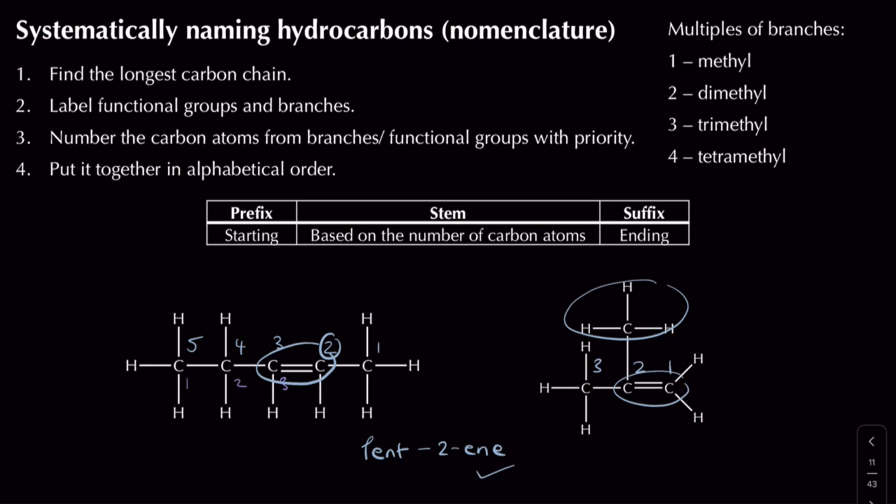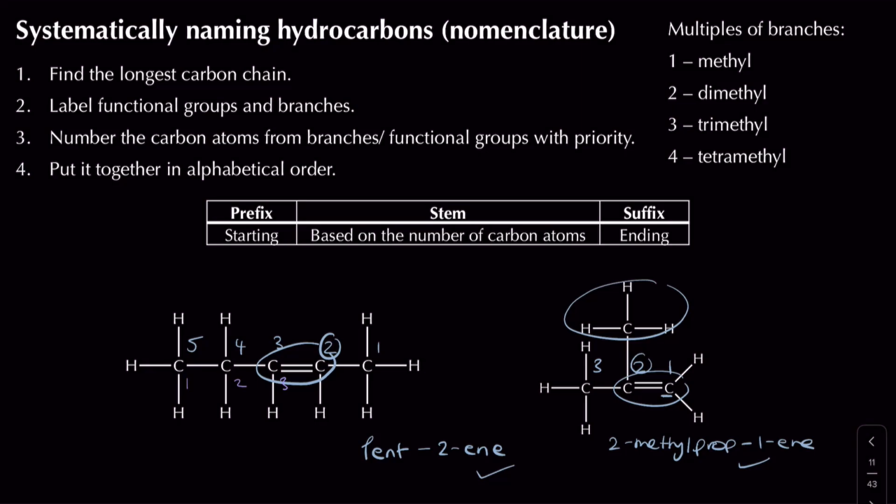In terms of my prefix, I know it's going to be 2 as a position for my actual methyl group. So it's going to be 2 methyl, and then I've got 3 carbon atoms. My stem is going to be prop, and then I'm going to end up with the alkene at the 1 position. So I'm going to say 1-ene itself for my suffix. There's that one done there. Just be sure that you're looking at the first carbon atom here. It's going to be prop-1-ene, not prop-2-ene itself.